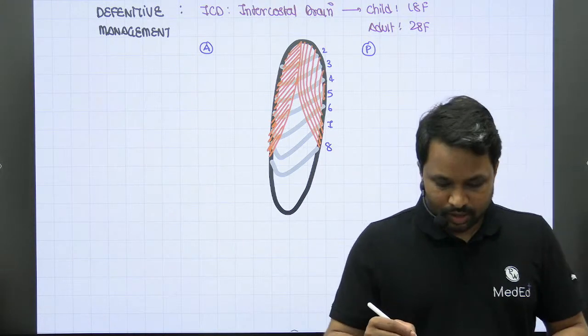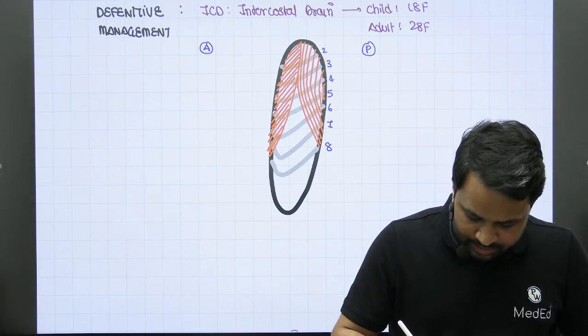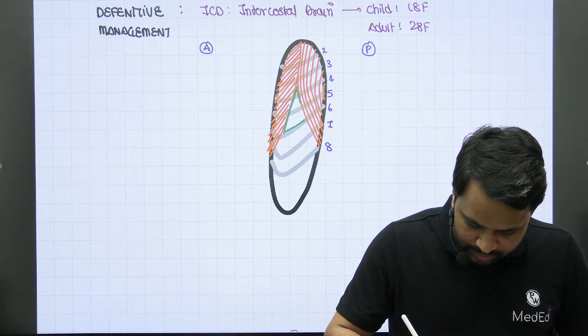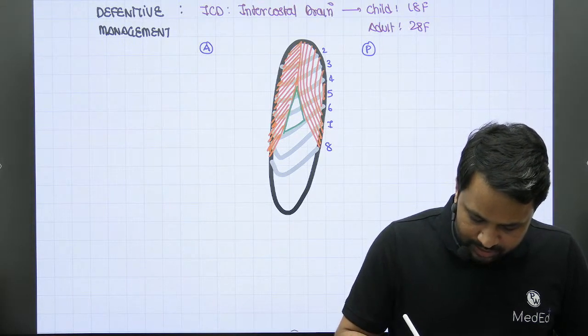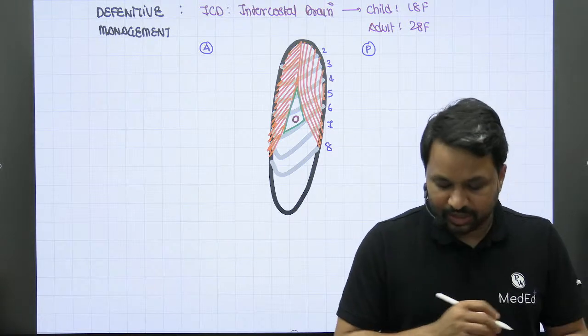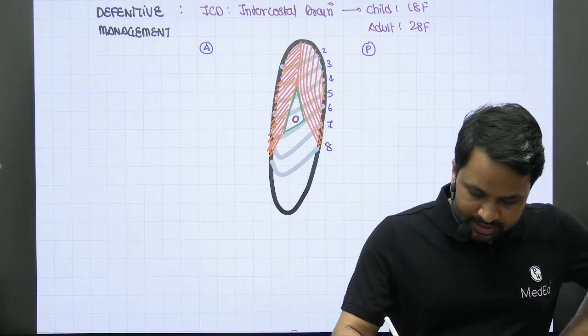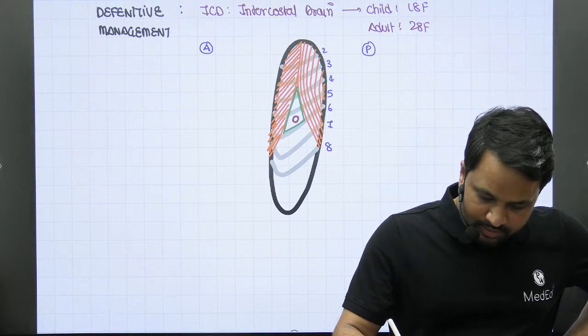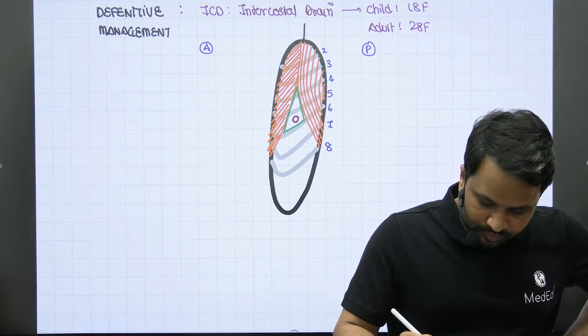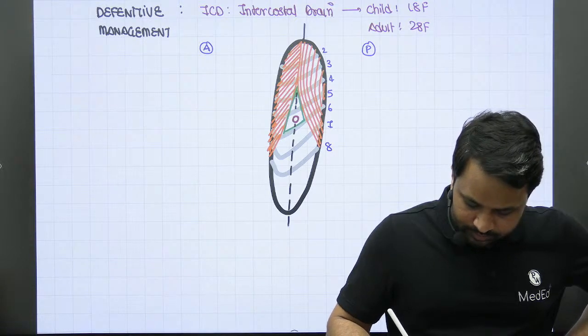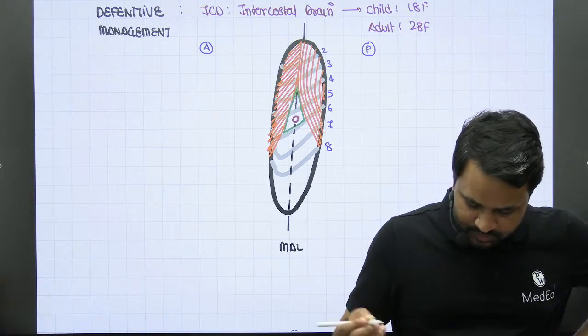So a small triangle is formed here, between the sixth rib and these two muscles, and in this triangle you will put your ICD. This is what we call the safety triangle. If you look at this, this is your mid-axillary line.